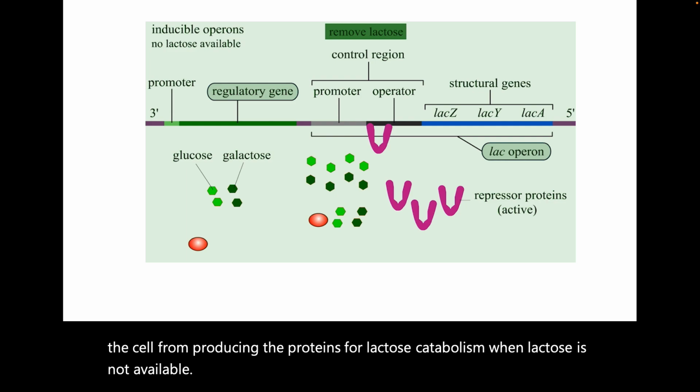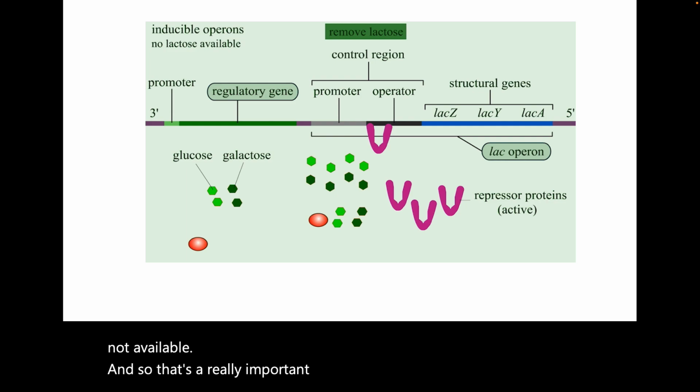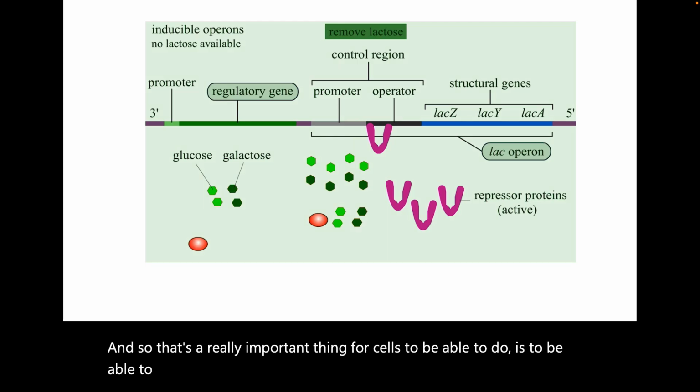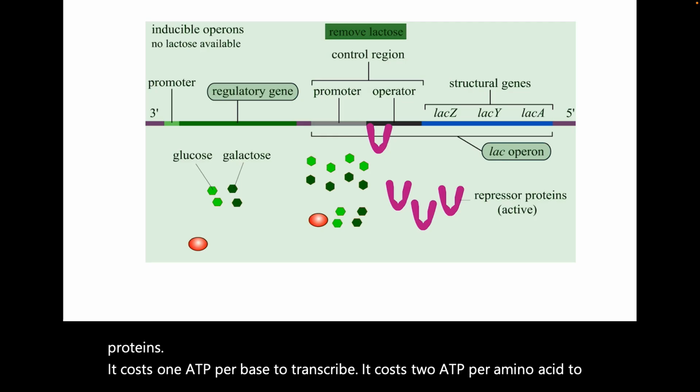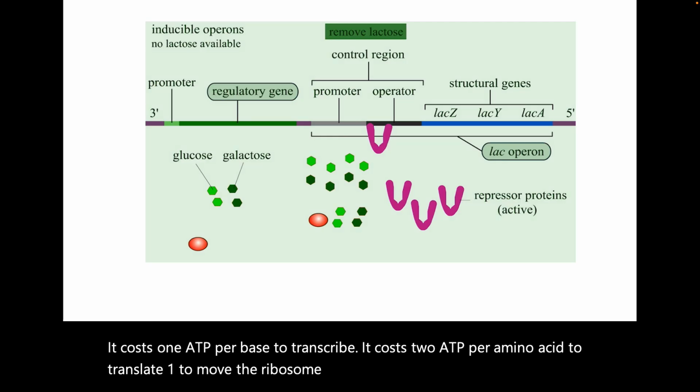And so that's a really important thing for cells to be able to do, to control when they make transcripts and therefore when they make proteins. It costs 1 ATP per base to transcribe. It costs 2 ATP per amino acid to translate, 1 to move the ribosome, 1 to catalyze the peptide bond formation.